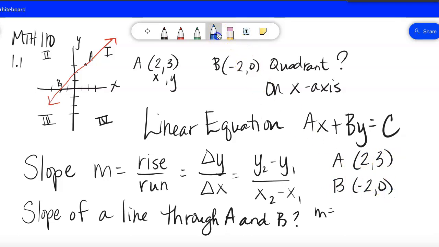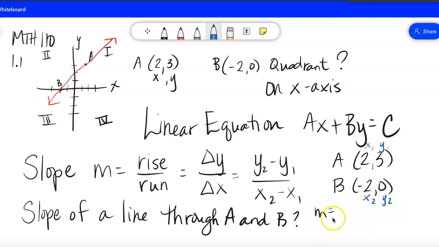Now the first thing that I like to do, and it's helpful for a lot of people, you don't necessarily have to, I go ahead and name my ordered pairs. Like this first ordered pair A, I'm going to call it X1 and Y1. And I'm going to call this ordered pair B X2 and Y2. If you call this X2, then Y2 goes with it. All right, so they have to have the same little subscript down there.